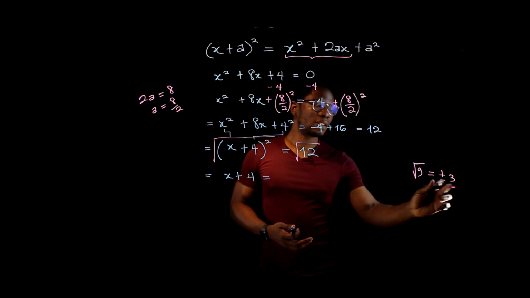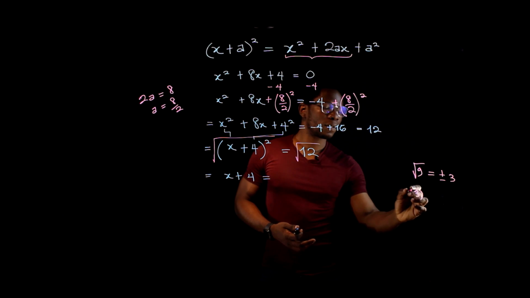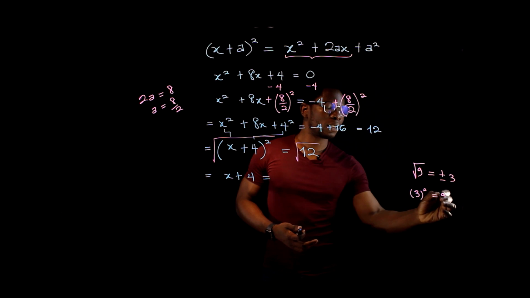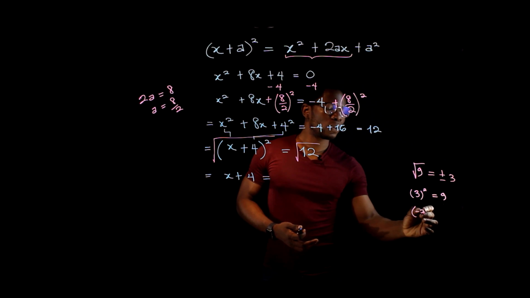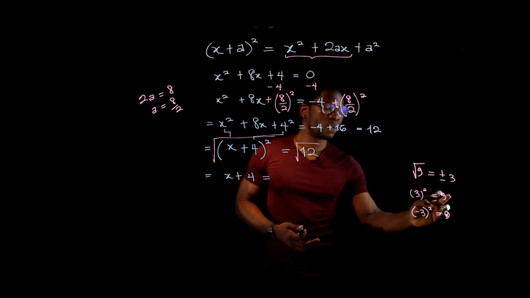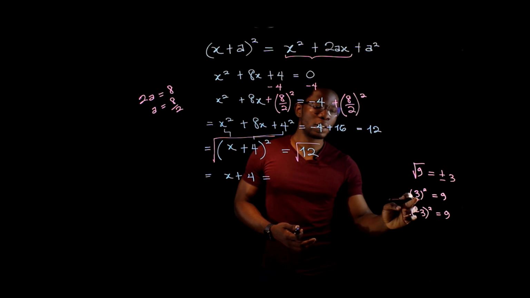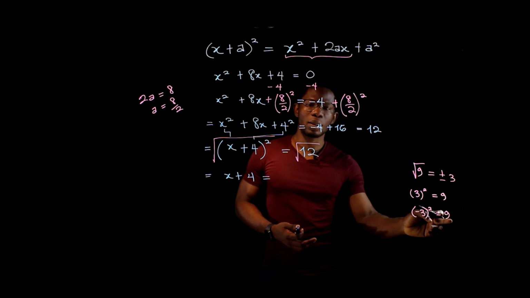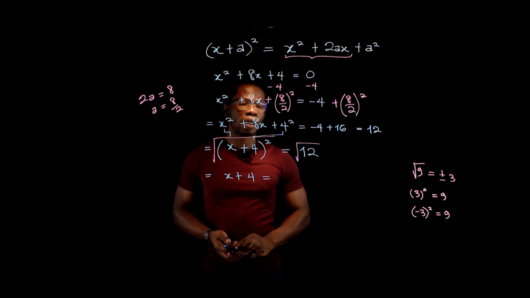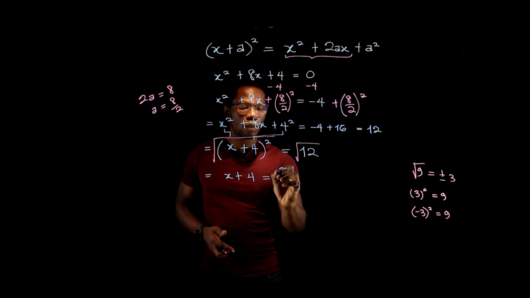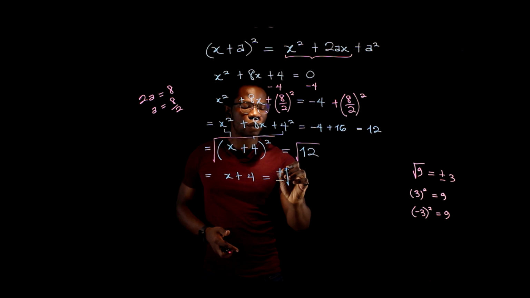And the reason is that 3 squared is equal to 9. So also is minus 3 squared. So if we're looking for the square root of 9, we have no idea if it's going to be plus 3 or minus 3, because the square of both of them results in 9. So if you apply that here, this is going to be equal to plus or minus the square root of 12.